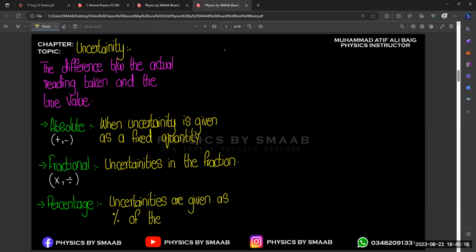And you already know the formula of percentage, just like the efficiency. We divide the actual reading by the true value or the standard value, multiplied by 100%. So we will get the uncertainty, right?